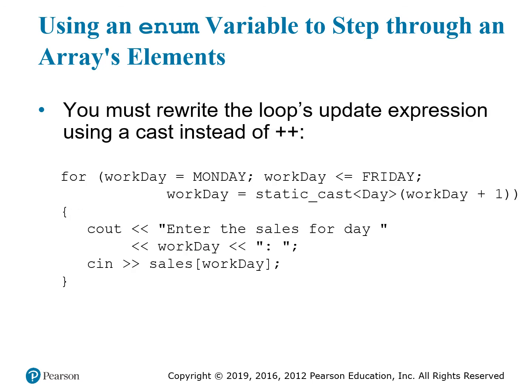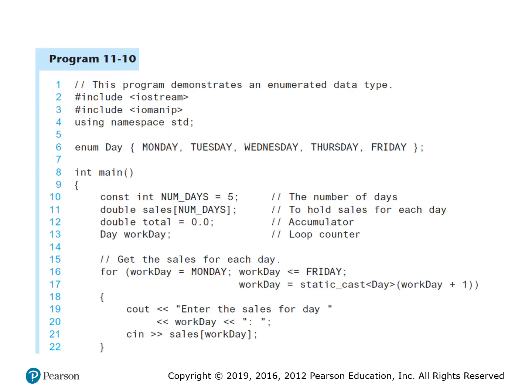So again, you can static cast it back to a day after you've added 1 to it. Okay, and so here's an example of using that syntax to work through the same loop that we'd done earlier.